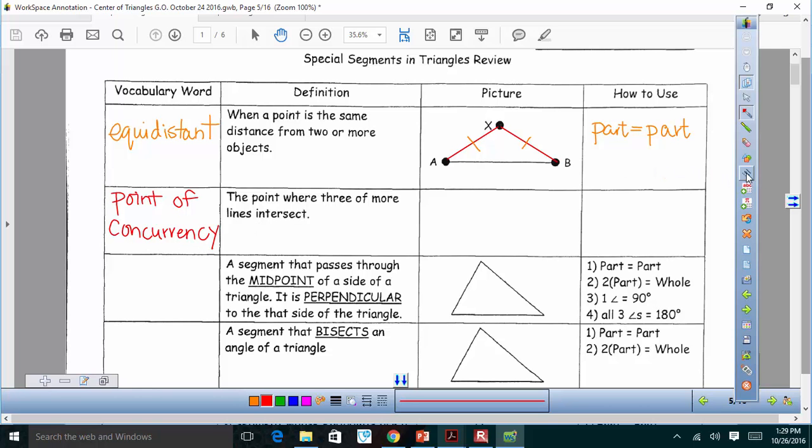Okay, and so for the picture, all I'm going to do is draw 3 lines intersecting, and then my point where all of them intersect. So that's the point of concurrency. Now, there's not really a way to use that to solve for something, so we'll just leave the how to use blank.